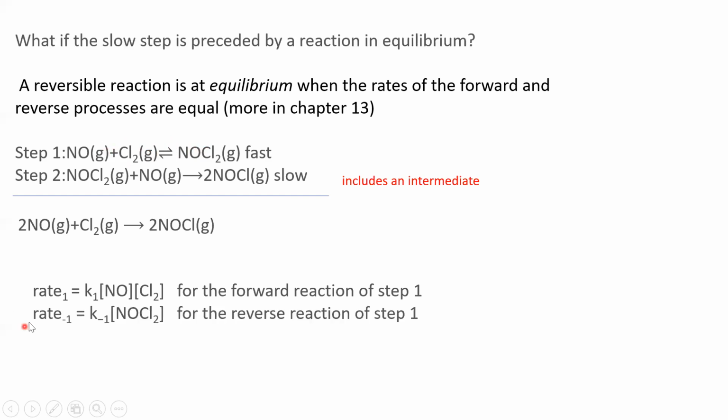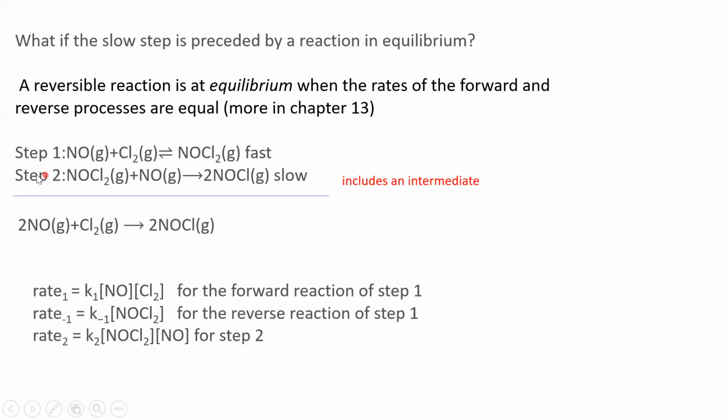So we'll just say rate prime, okay, we're talking about in the reverse direction, will equal a new constant times NOCl2. And the rate of the forward reaction equals the rate of the reverse reaction, because we're looking at a reversible reaction at equilibrium. So these two rate laws summarize the first step.